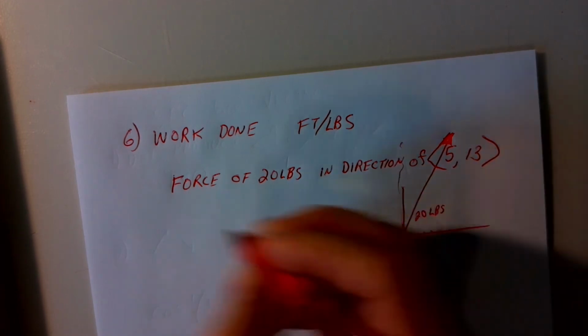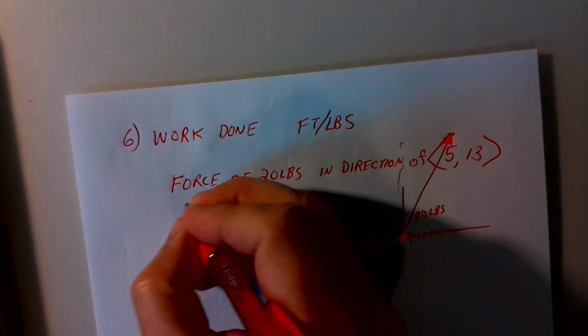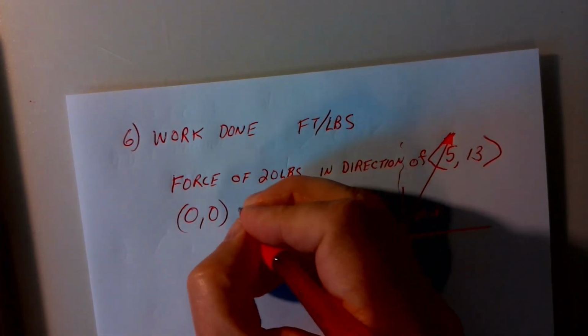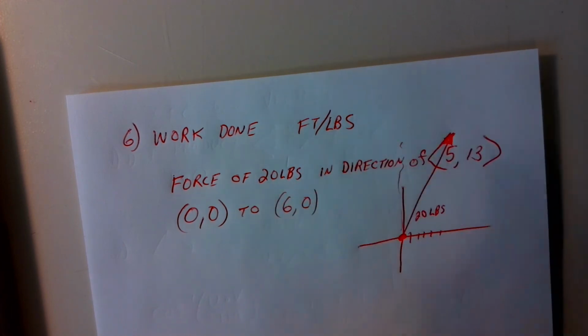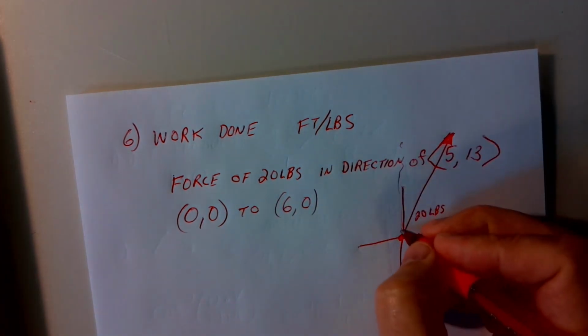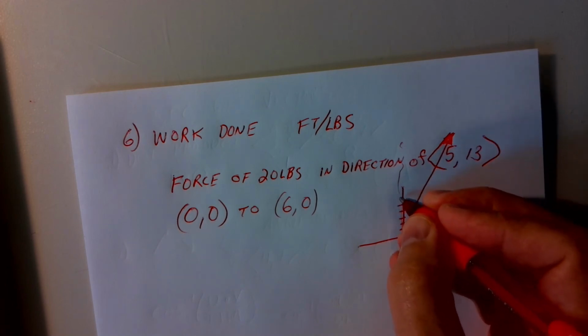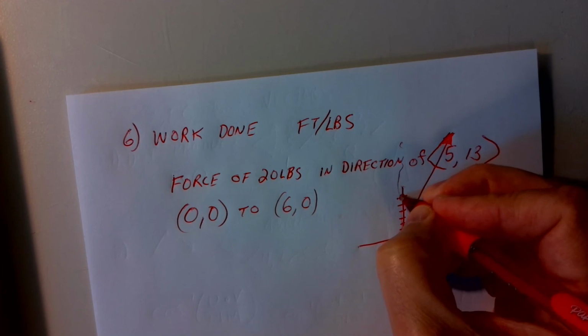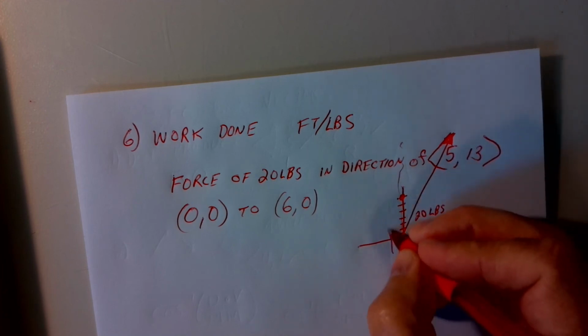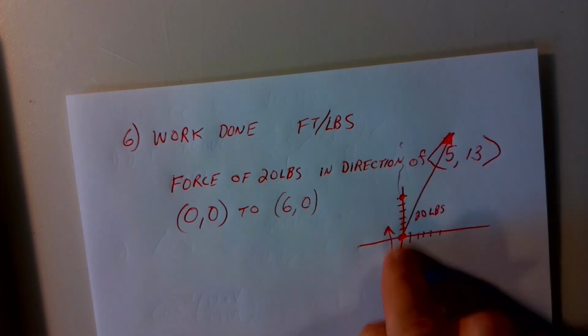It's not a perfect force, because our goal is to move an object from 0, 0 to 6, 0. I should have tried to apply my force directly up, because that would be efficient, right?